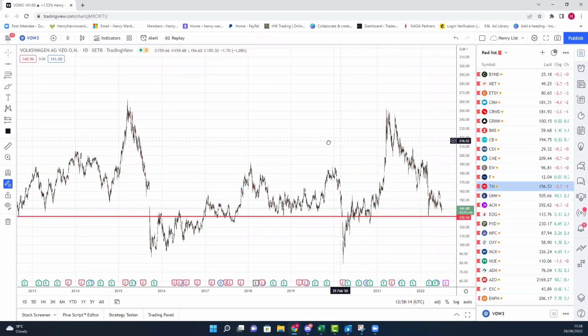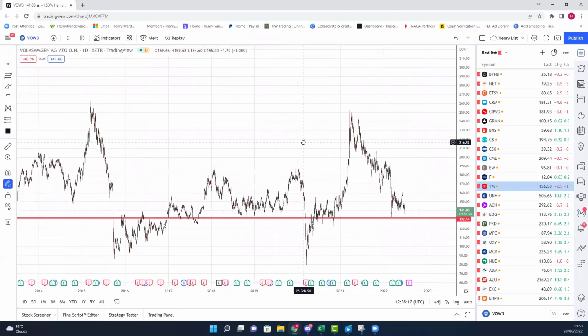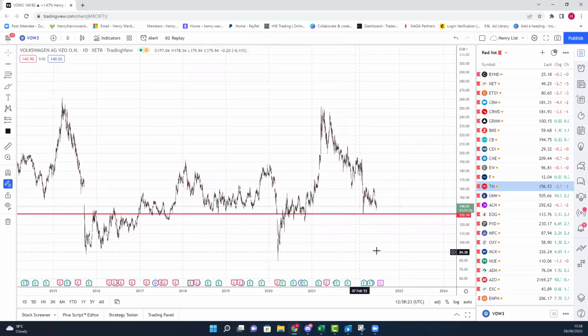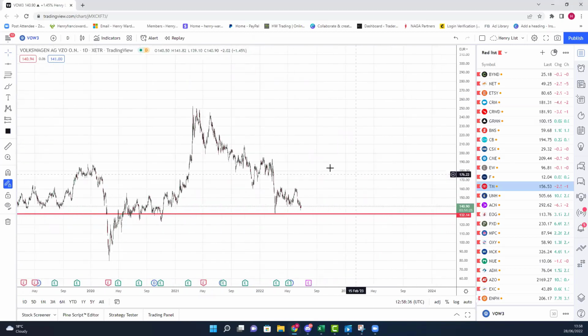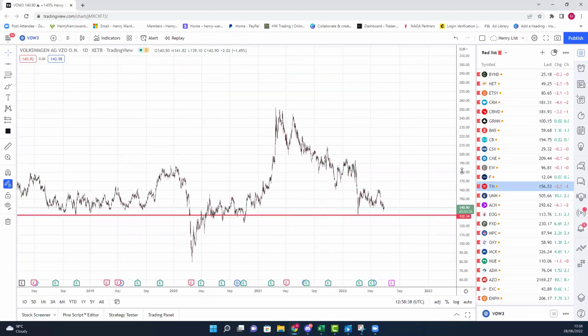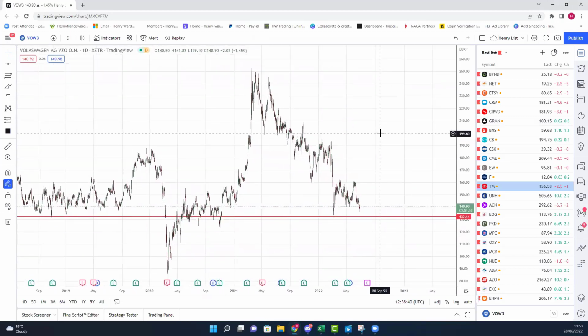But their projection for the next 3 years is to be the top electric vehicle producer in the market. So is the trend correct? Is it something we'd invest in on the trend? Absolutely not, no. But what I'm reading and seeing, and obviously this is someone else's thoughts, is that Volkswagen is going to be the leader in electric vehicles.